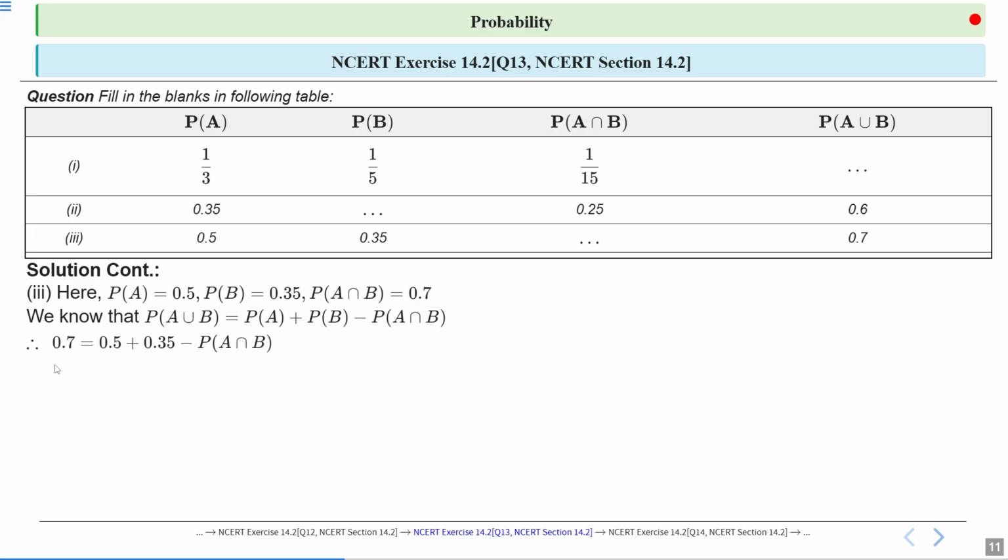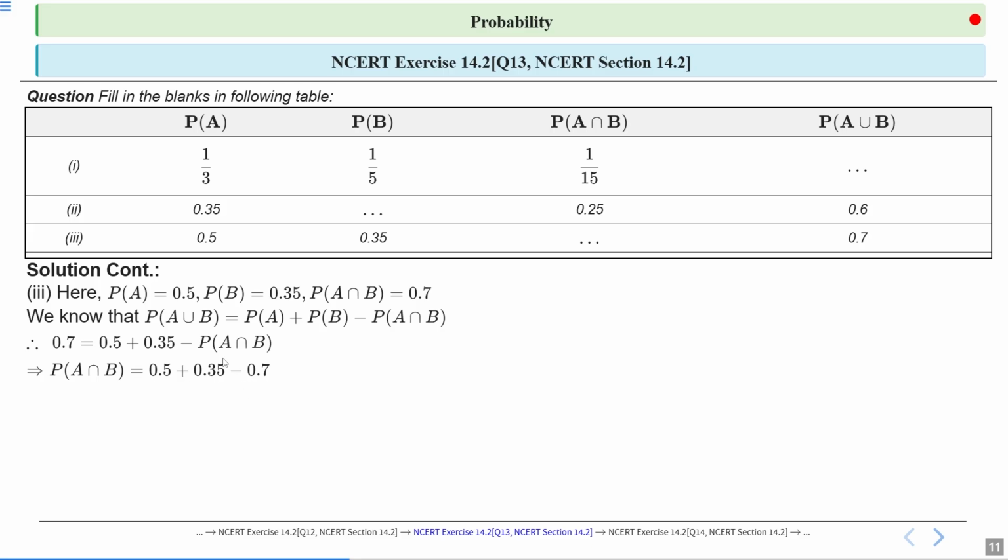Now just put the values: probability of A is 0.5, probability of B is 0.35, and probability of A union B is equal to 0.7. Then you will get the equation 0.7 equals 0.5 plus 0.35 minus probability of A intersection B. This implies probability of A intersection B is equal to 0.5 plus 0.35 minus 0.7.